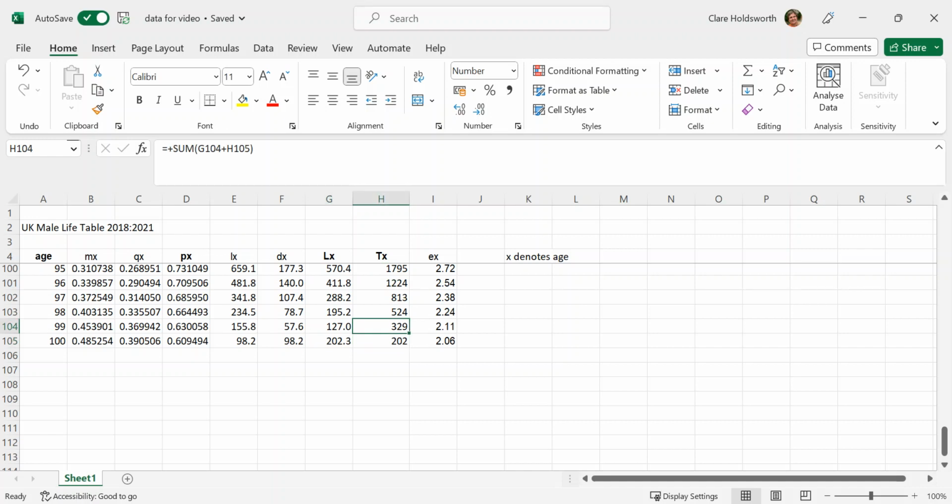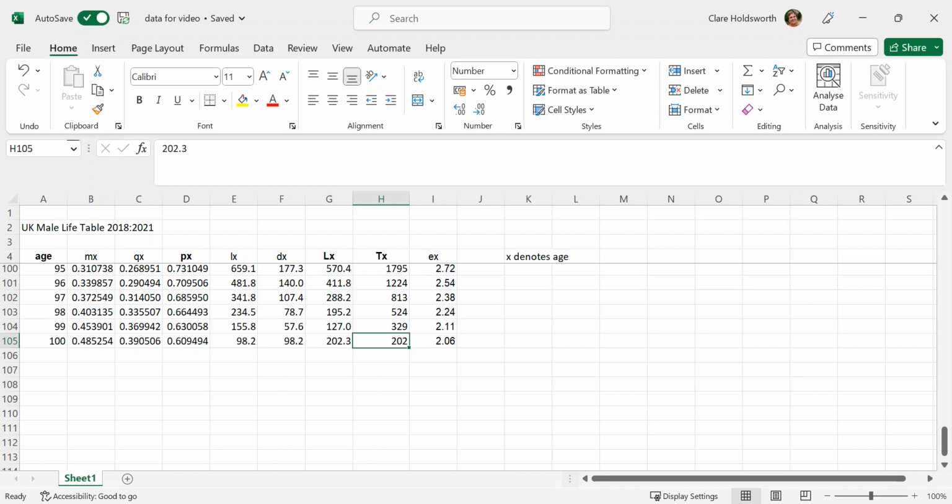If we then go to the T99, that's the total number of person years lived from age 99. That's calculated by adding 127 and 202. That's the total number of person years lived during age 99 plus the total number of person years lived from 100 onwards.